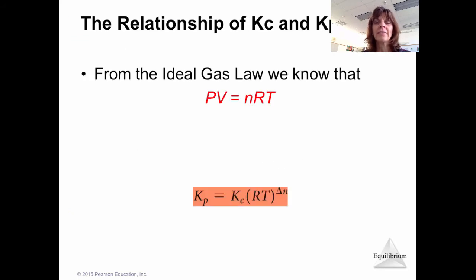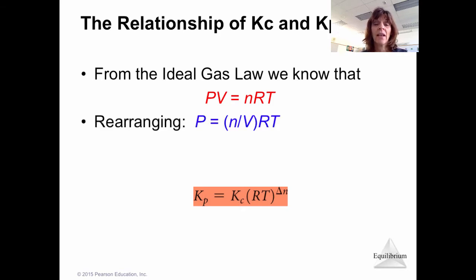All right, so let's go back to that fact that we can use concentration or pressure. So from the ideal gas law, hopefully you remember that PV equals nRT. You can rearrange that to solve for P, and this shows us how pressure is dependent on concentration, because concentration is moles divided by volume, and then times RT.